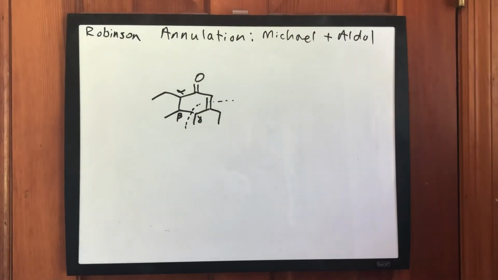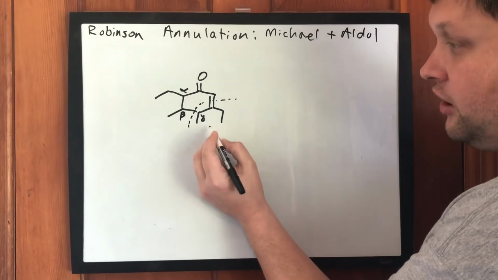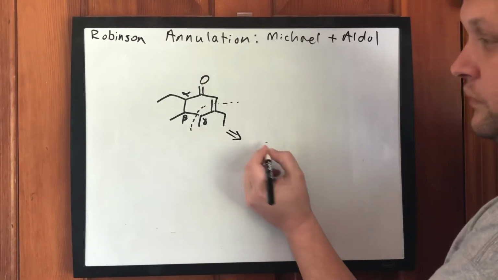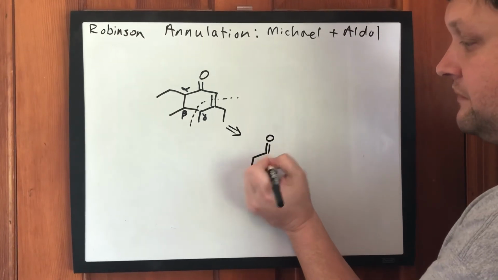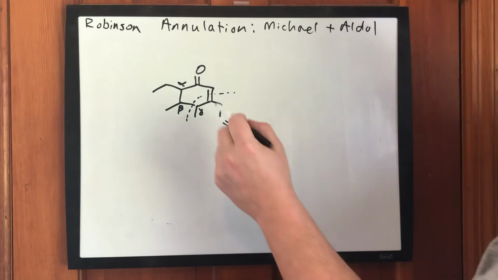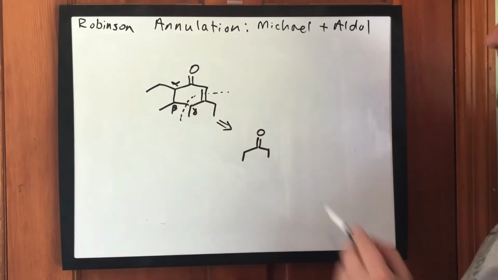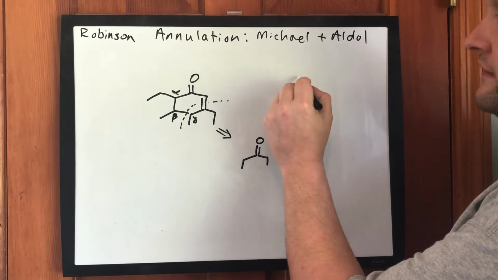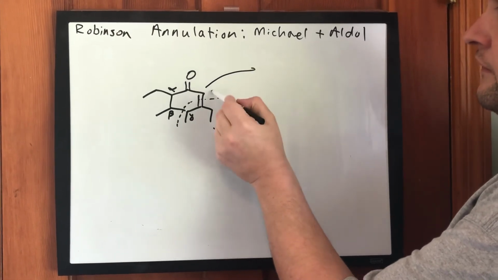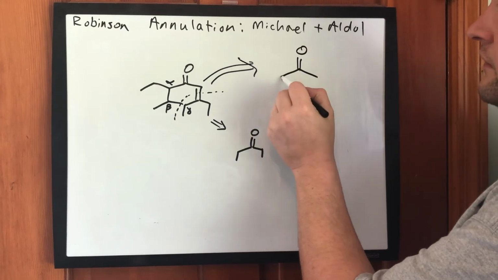And if we cut it in this way, what we're looking at on the bottom of this cut is the carbonyl species that we used to make the Robinson product. We used this ketone, and the top portion, conveniently labeled already alpha and beta, are going to be all of the carbons that came together from the alpha-beta unsaturated starting material.